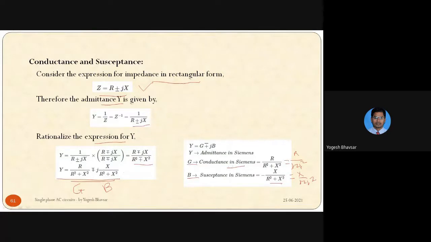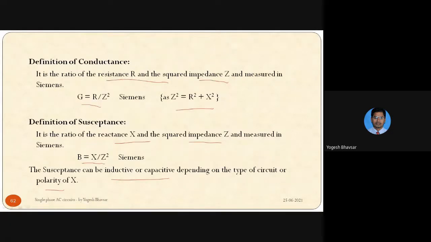Y is equal to G minus or plus JB. So for an inductive circuit the susceptance will be negative, and for a capacitive circuit it will be positive, because it is opposite to impedance. So this is the definition of conductance and susceptance.